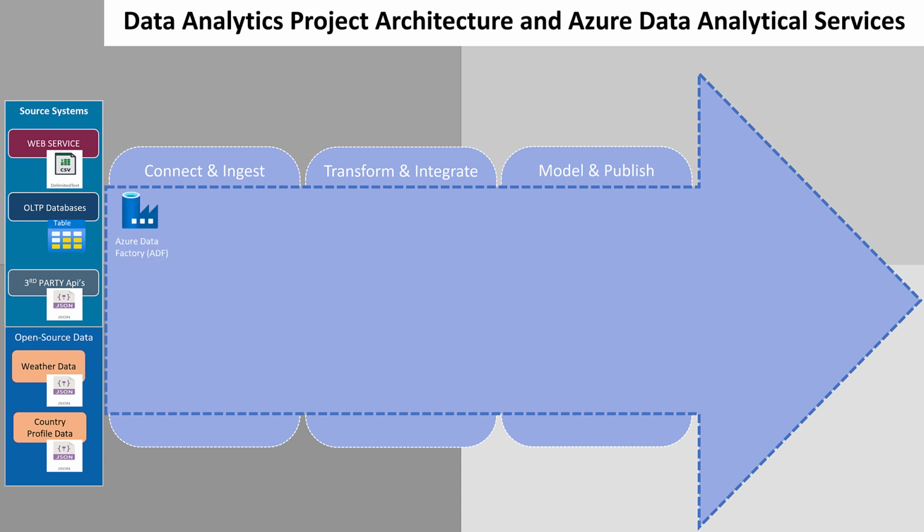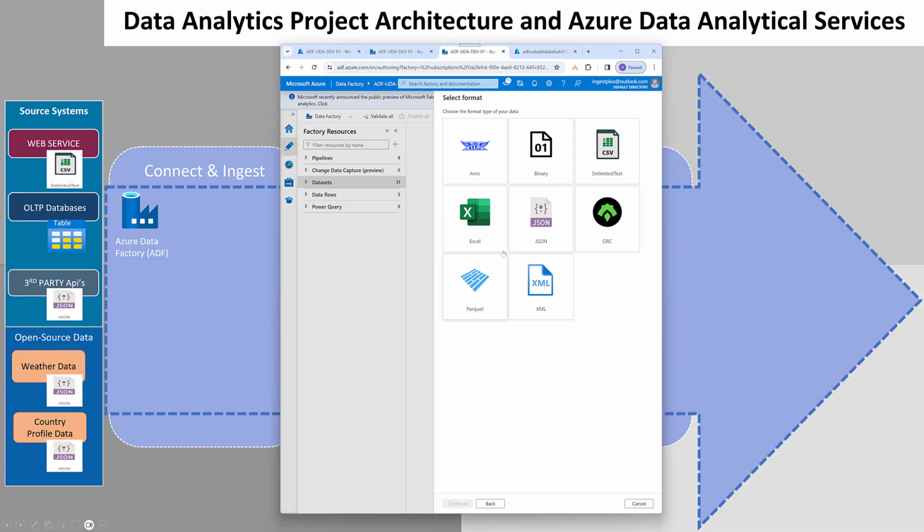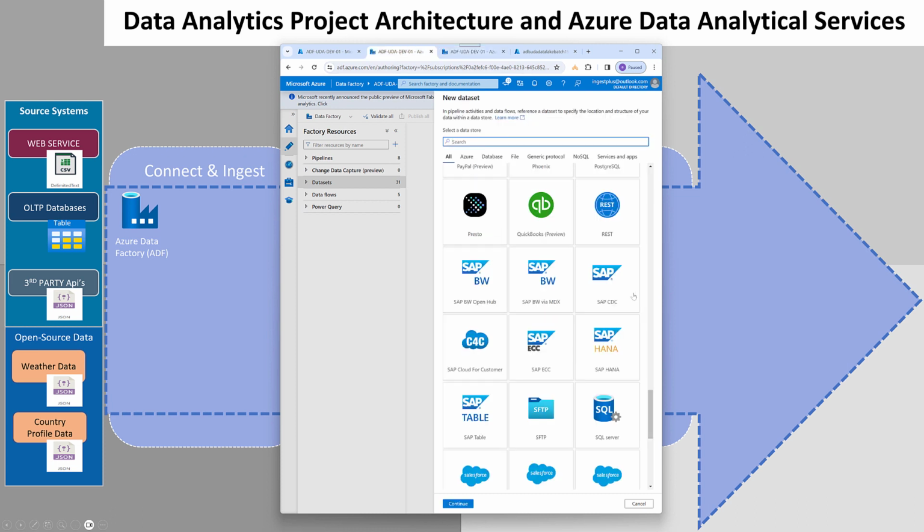Now Azure Data Factory is a data processing service. It's not a data storage service. It is able to connect to these different source systems and extract the data, but it is not able to internally store the data. We need a storage service to store the data extracted from the multiple source systems.